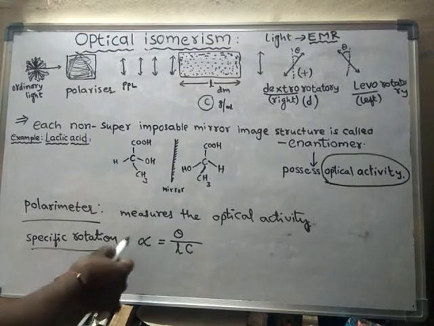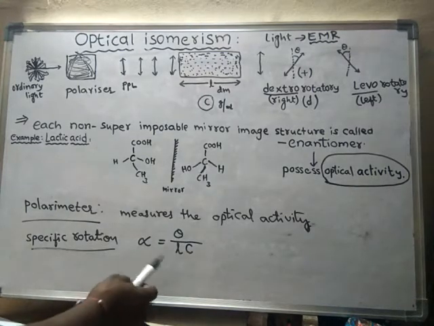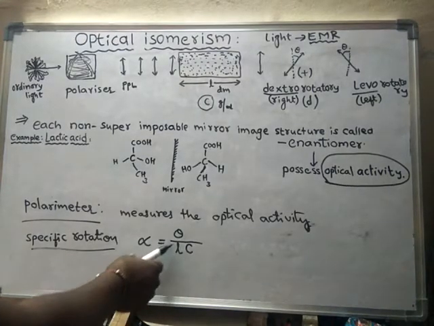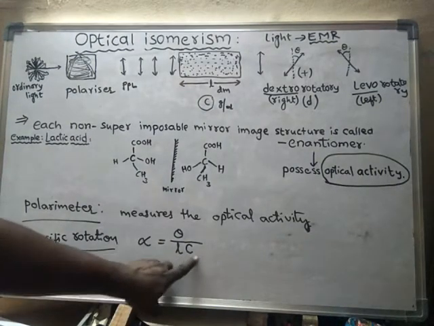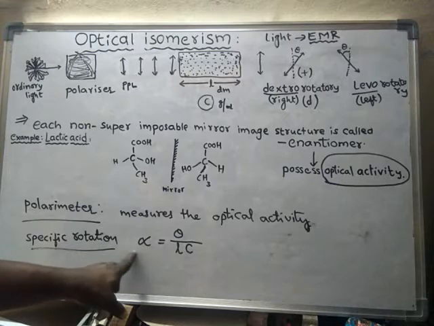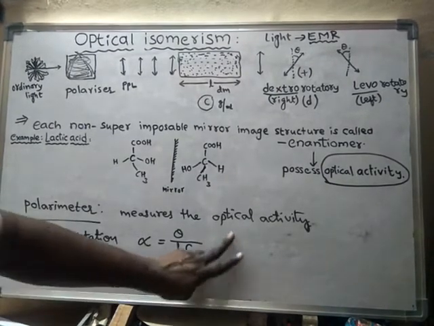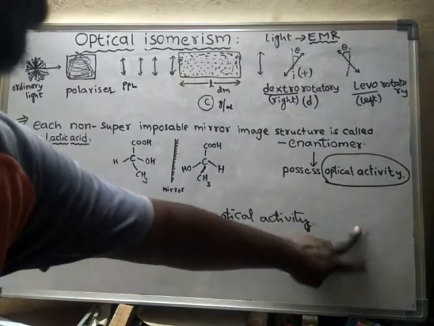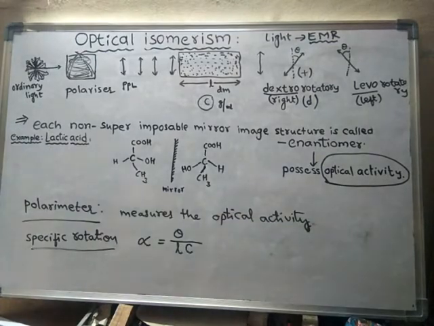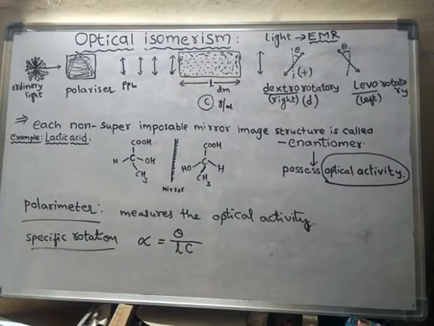If you calculate this value, it will be fixed, because here we are considering the length and concentration while calculating the specific rotation. Hence the specific rotation value will be a fixed value, whereas the observed rotation theta is not a fixed value.